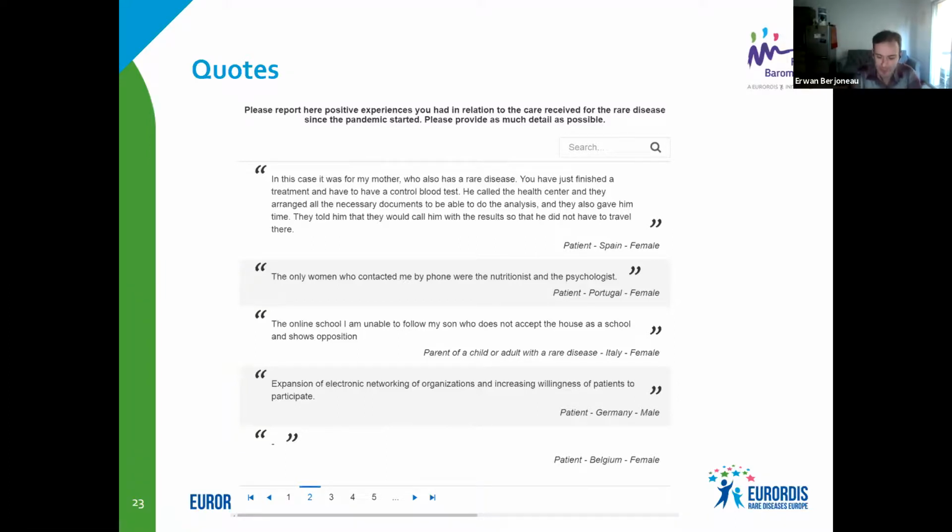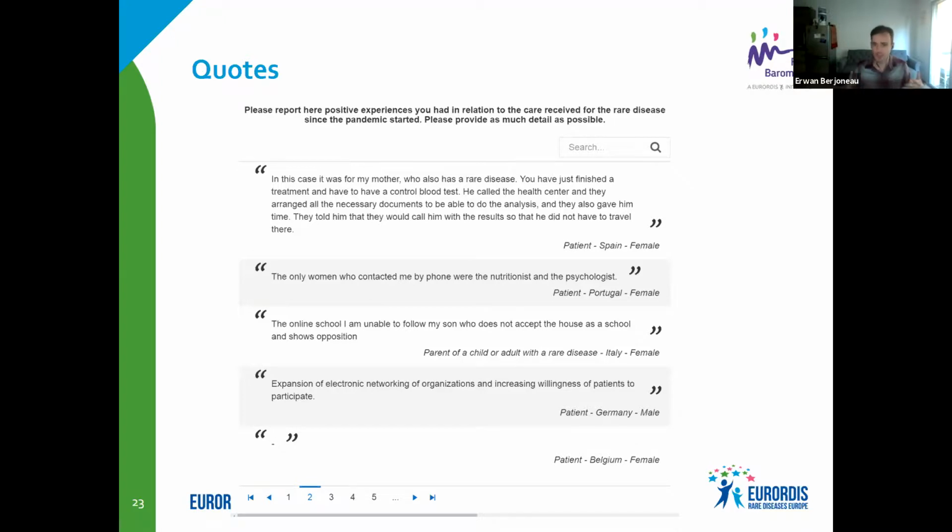We don't give you access to the database of quotes simply because people were talking freely and they revealed sometimes their identity or the identity of their doctor or the center, etc. So what we can do still is, if you need a quote on a specific theme for your country, you can come to us via an email, and we can look at our database, and if we find one, we will send it to you.